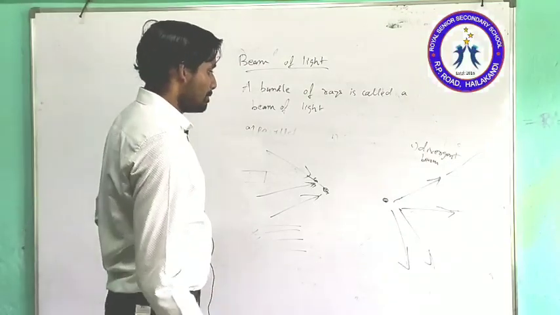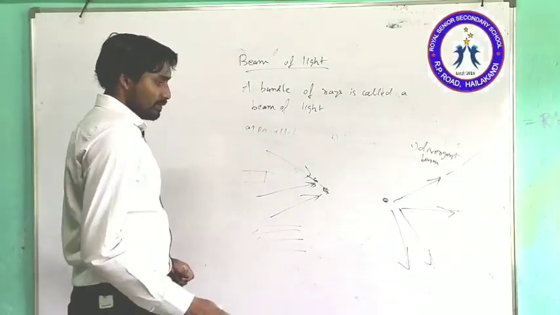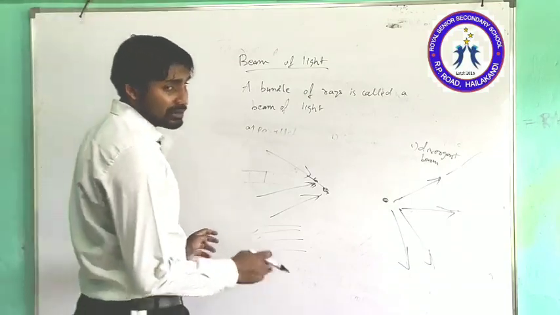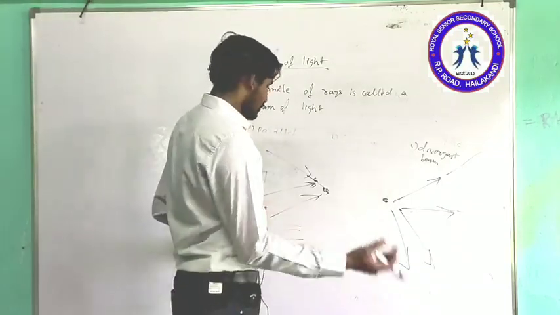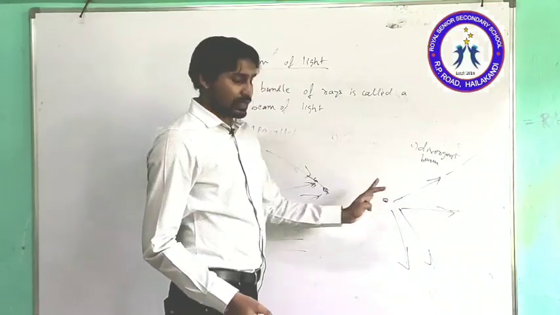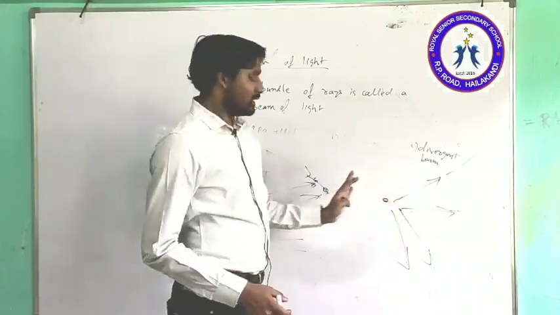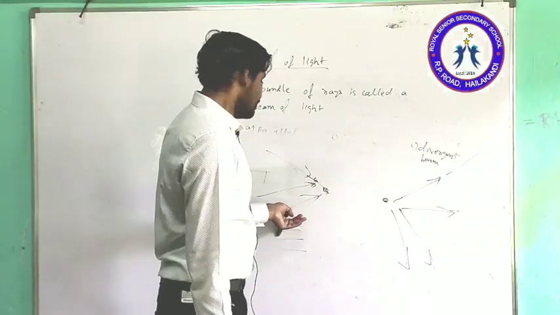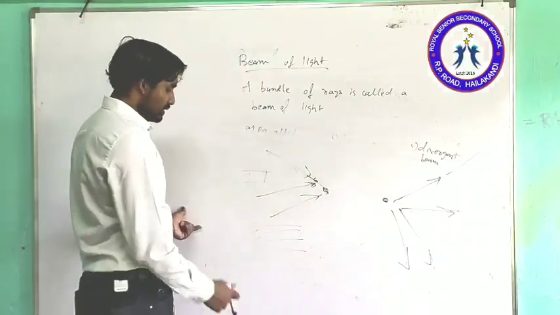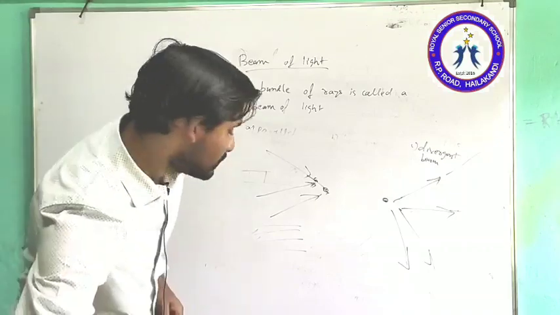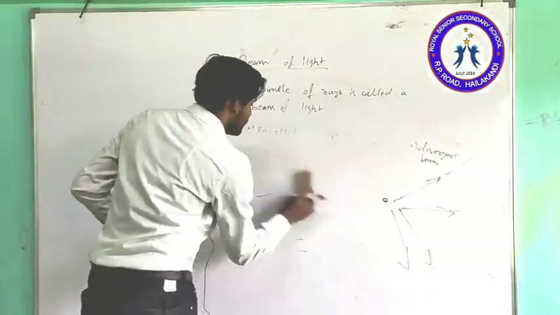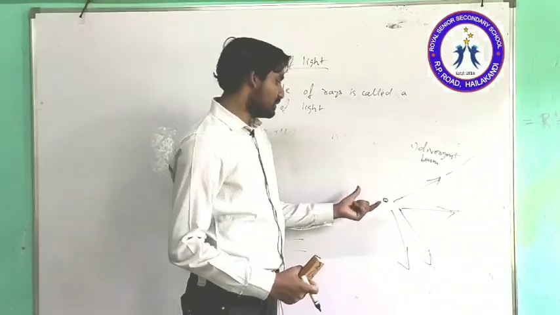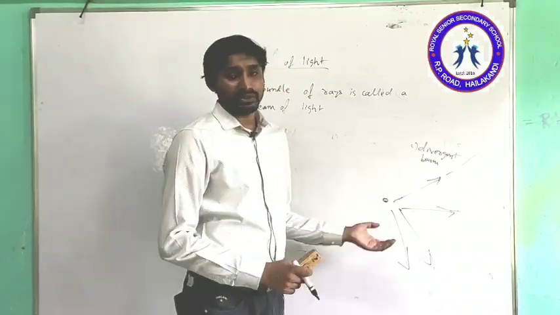Okay, I will give you examples of where we can see the divergent beam and where you can see your convergent beam. But for the time being, I am telling you where you can see your parallel beam, because I have to teach you something called your spherical mirror first, like your convex mirror and concave mirror.